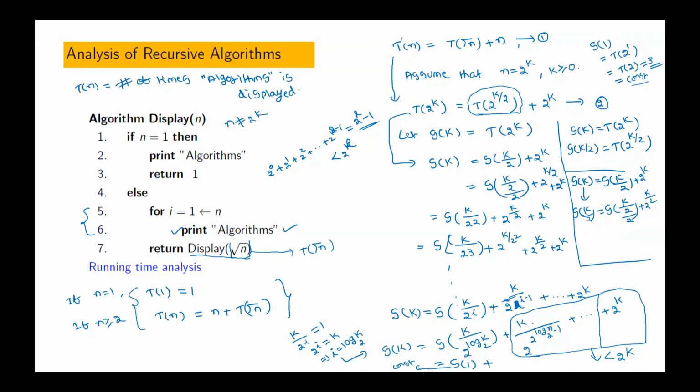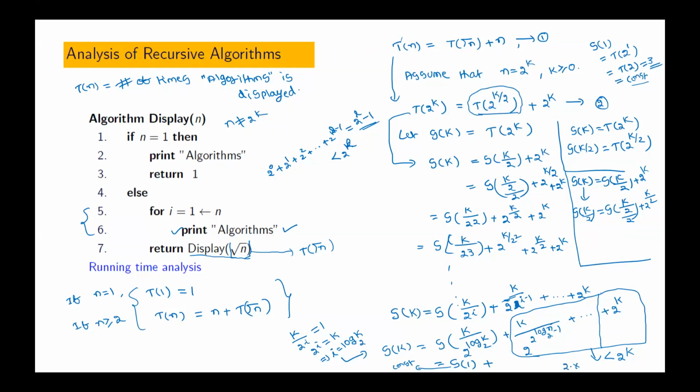How many terms here? This one, if I consider it as 2 power 0, I think this is only k minus 1 terms, no? Sir, k minus 1.